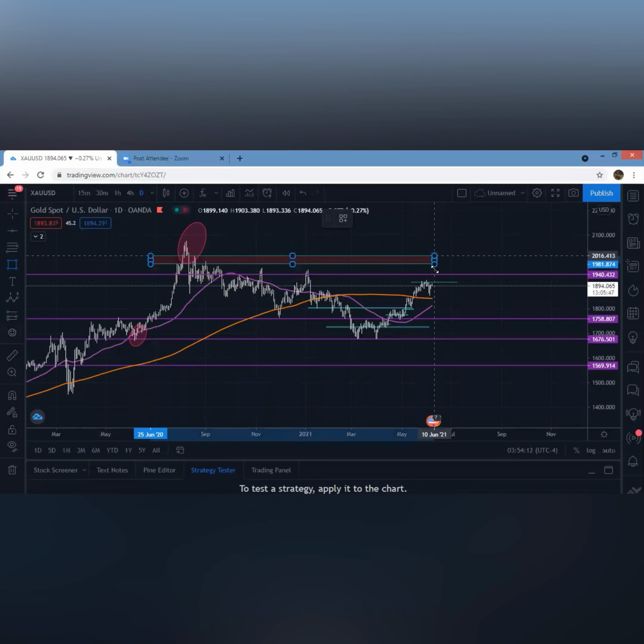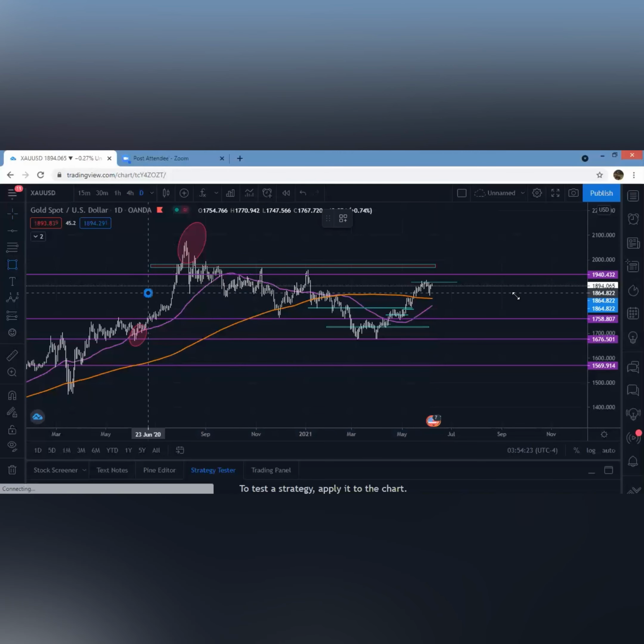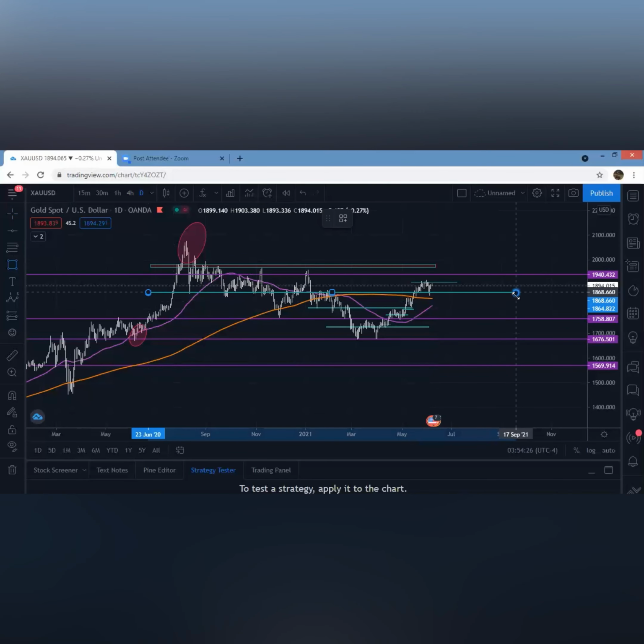Basically, if you think about it like a bouncy ball, you can see the market bouncing between two points, right? And that's how you kind of begin to see the movement of the test and the retest.